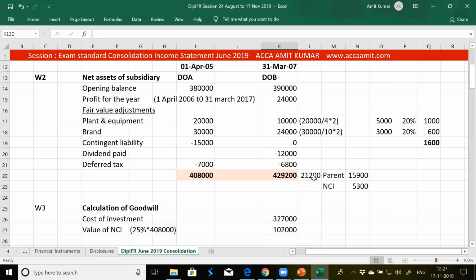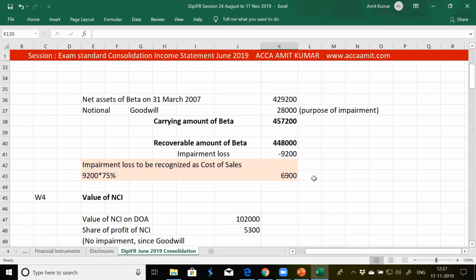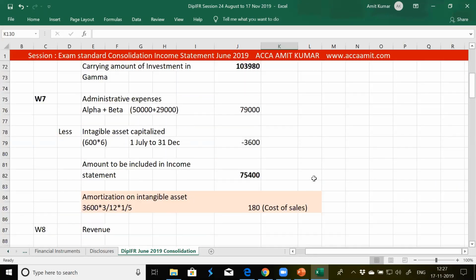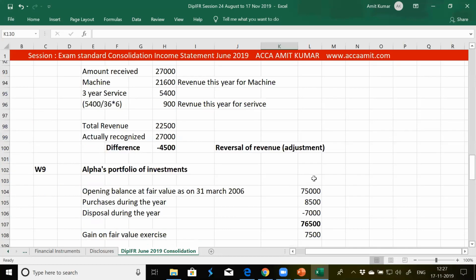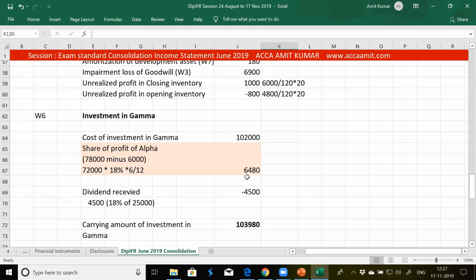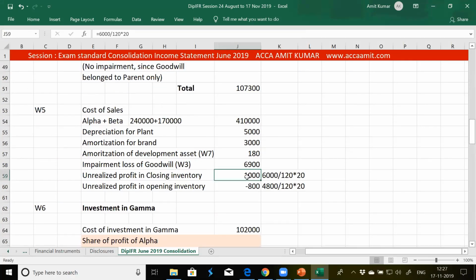Now, if we believe that our expense is increasing by 1,000, this reduces our profit, but there is an entry in the opening balance for unrealized profit as well, of 800. So total expense for the year has increased by 200.